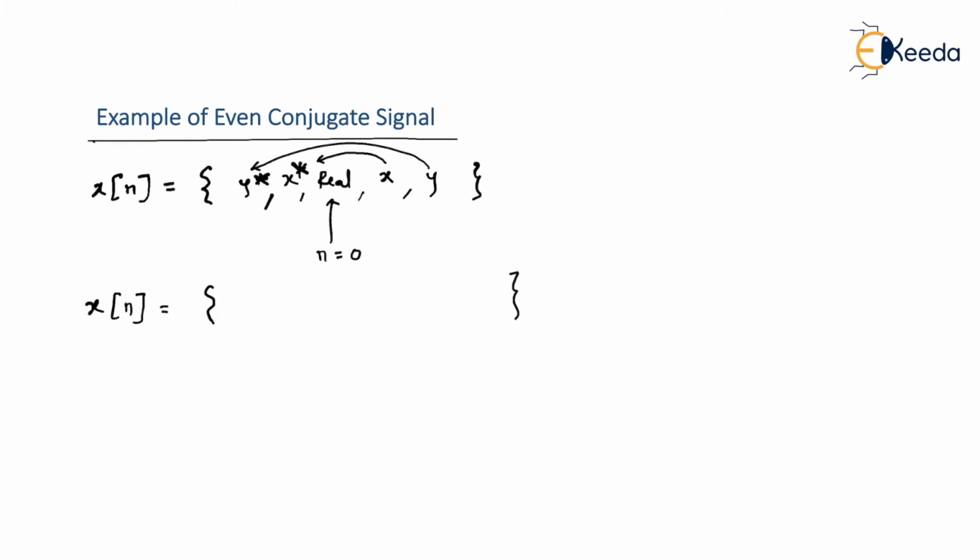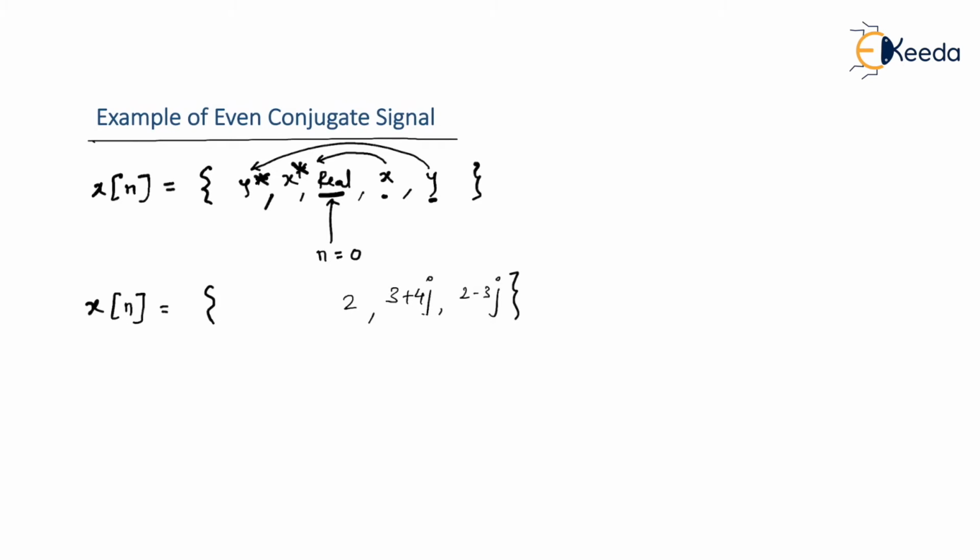So first of all, let us assume some real value at the n equal to 0 position. Let us assume 2. Then x and y are some complex values. Let us assume the x component as 3 plus 4j, and let us assume y as 2 minus 3j.